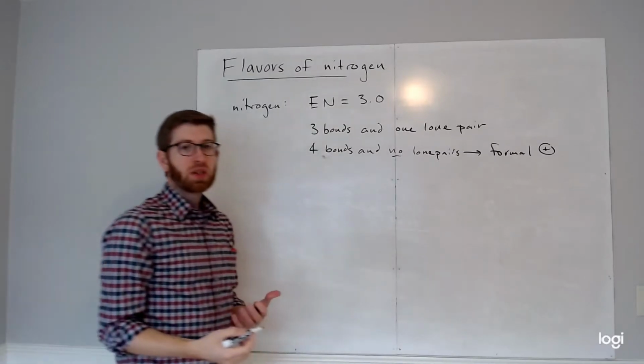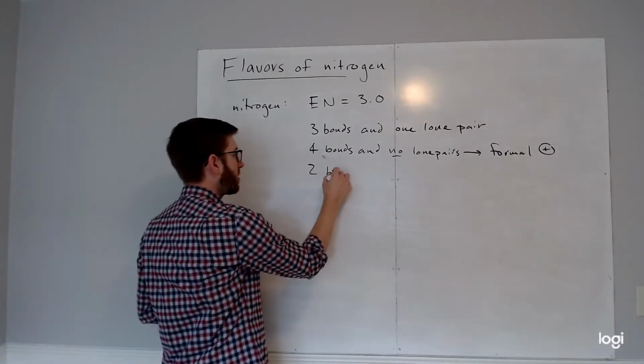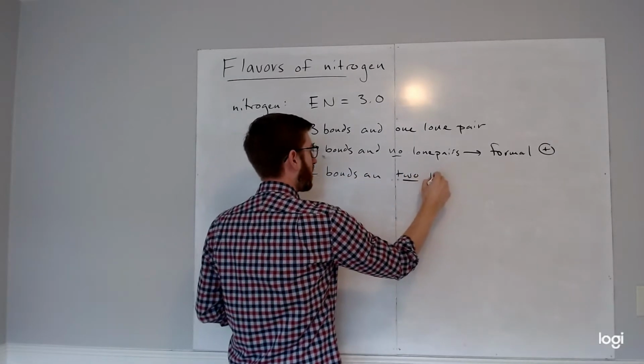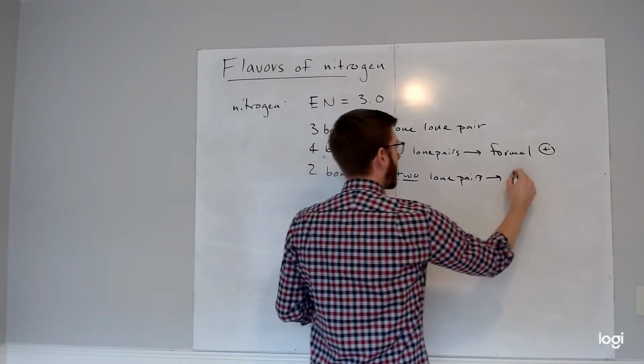And we've also seen situations where we could make nitrogen negatively charged. So 2 bonds and 2 lone pairs is going to give us a formal negative.